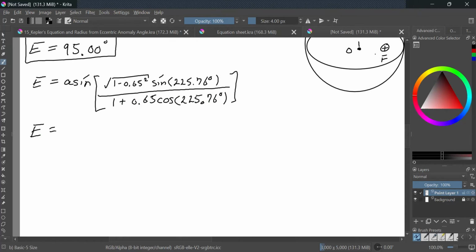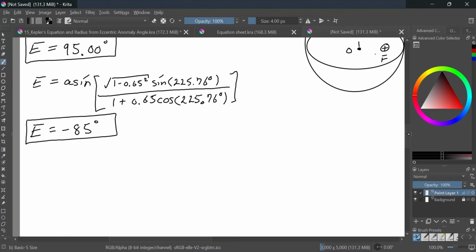That's going to give us a number that is remarkably close to minus 85 degrees. It's 84.996. It's 85 degrees, effectively.